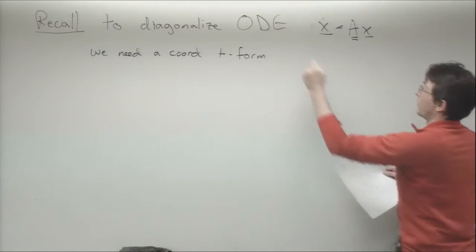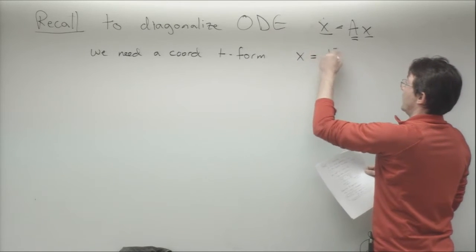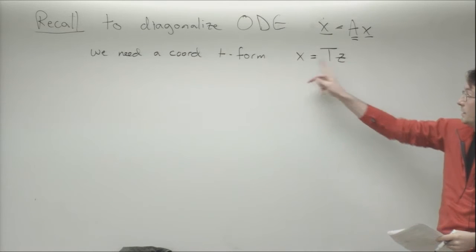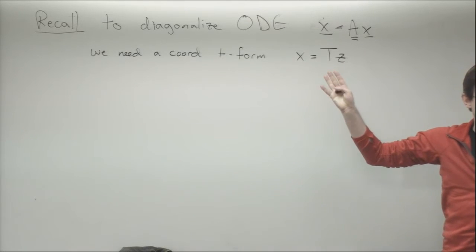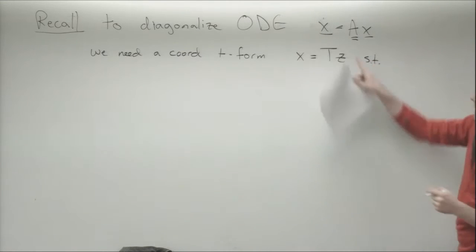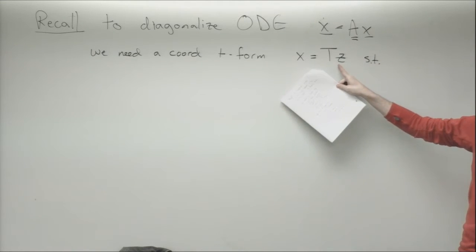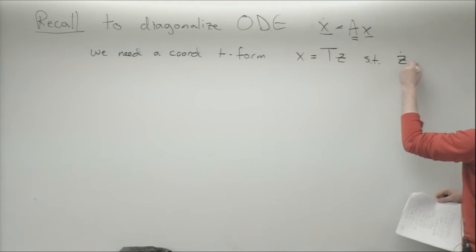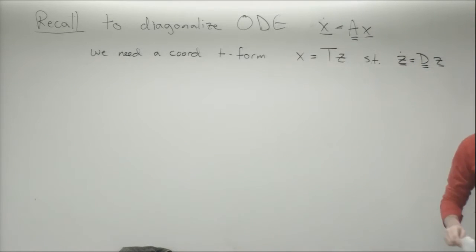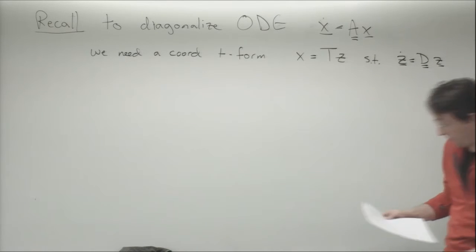That coordinate transform looks like x is some matrix T times a new variable z. So there's some linear mapping from z to x and vice versa via T inverse. So that if I wrote my dynamics in the variable z, I would have z dot equals some diagonal matrix D times z. And this is much, much easier to solve. We know how to solve diagonal ODEs, really simple.